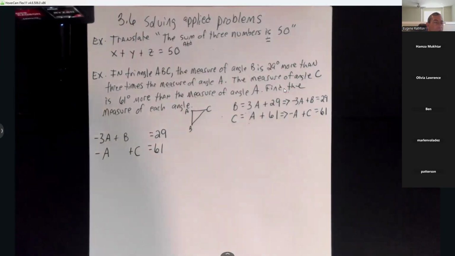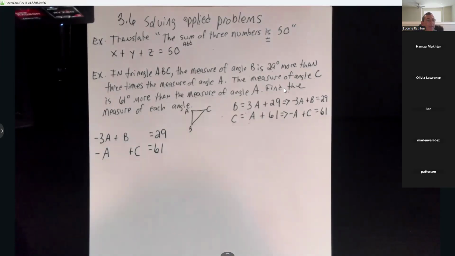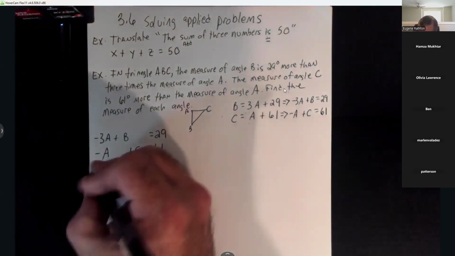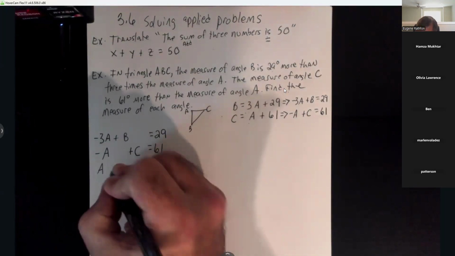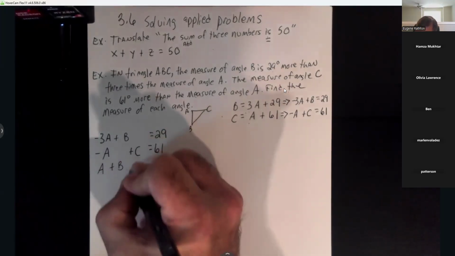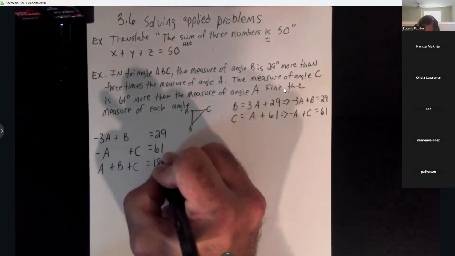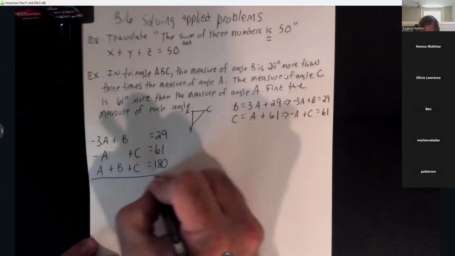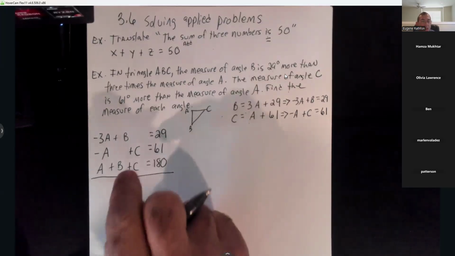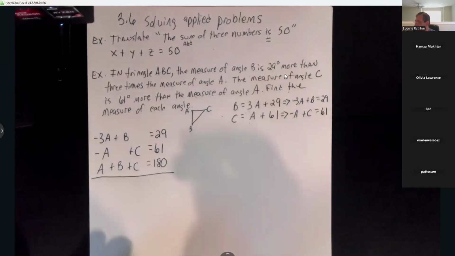What do y'all know about them three angles? Jayla, perfect. We know that them three angles have to add up and equal 180. So that means A plus B plus C equals 180. They're assuming y'all know that, okay?